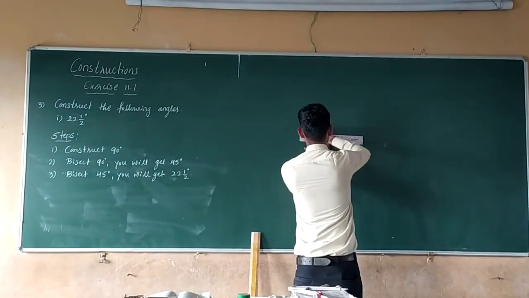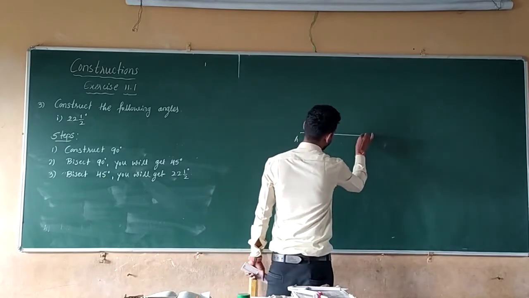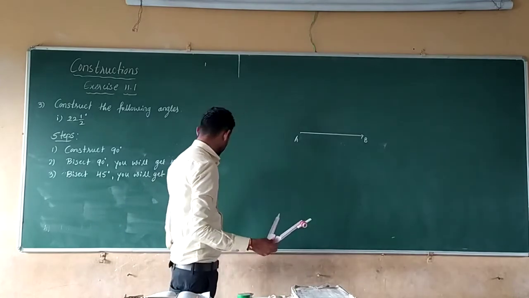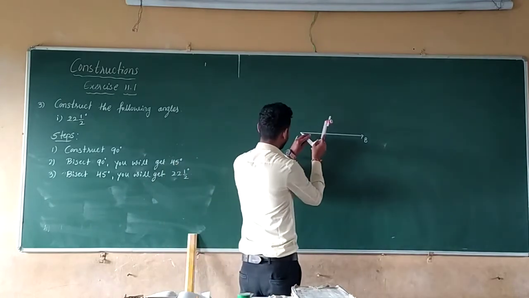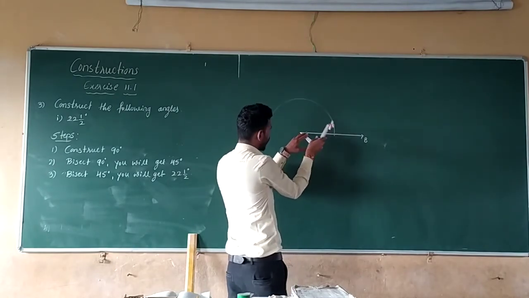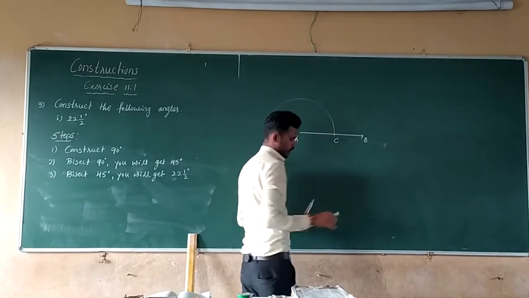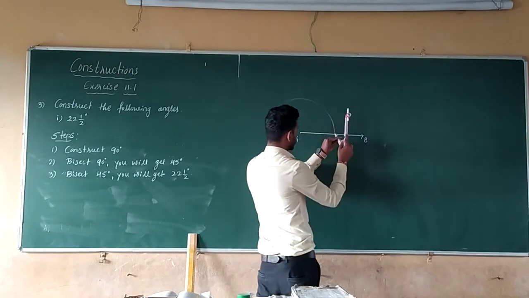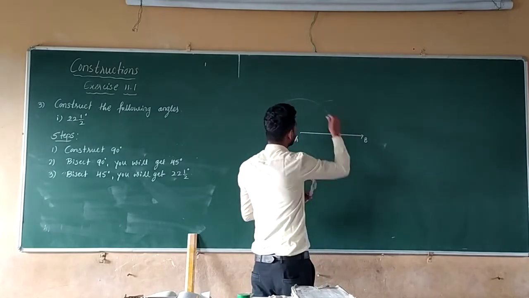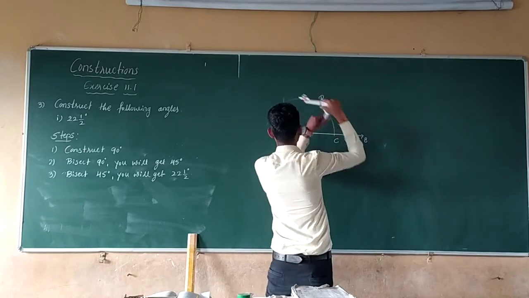So how will we construct 90 degrees? Draw a ray AB. Next, with A as the center and some radius, draw an arc to intersect AB at point C. And next, with C as the center and the same radius, draw the arc. Take point D, and with D as the center, draw the arc.